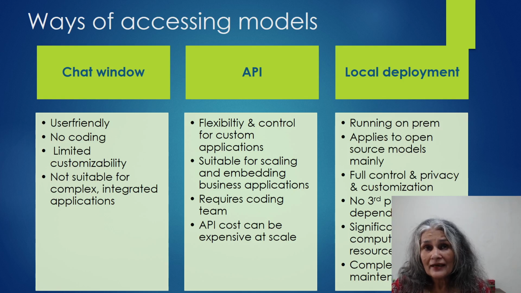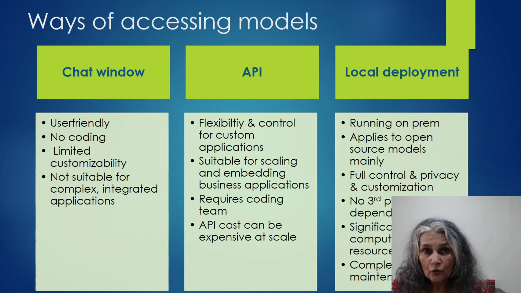Now, the second thing is, how do you access these models? There are three broad ways in which we can access them. The first is the good old chat window, which we are all used to. This is very user-friendly and low-code. There's no coding. However, no matter how much people talk about prompt engineering, it does not really give you very standardized outputs.